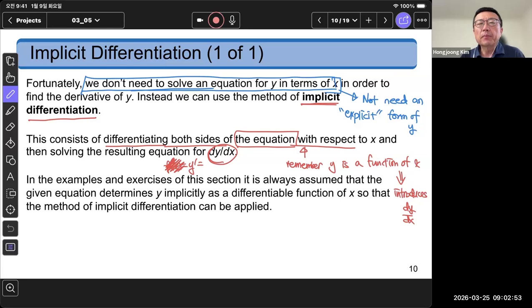In other words, y may be regarded as a function of x in some sense. Sometimes we can explicitly express y in terms of x, but that may not be possible in some situations. That's why we consider implicit differentiation.